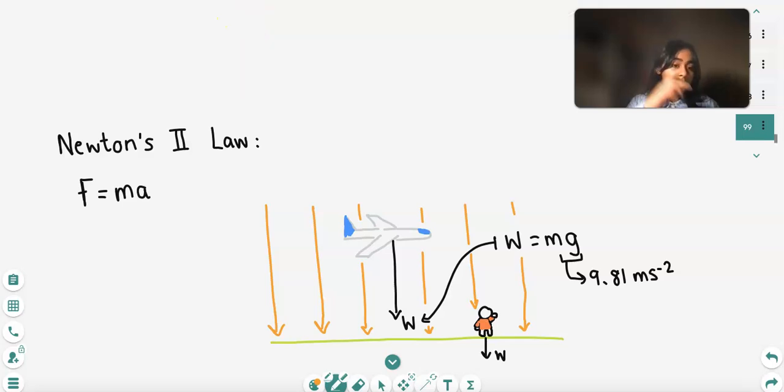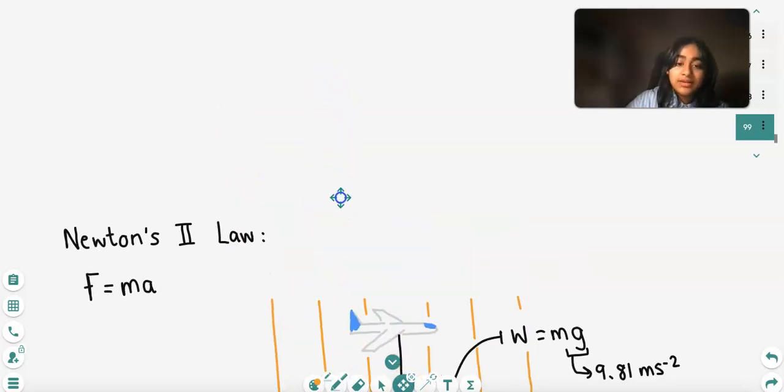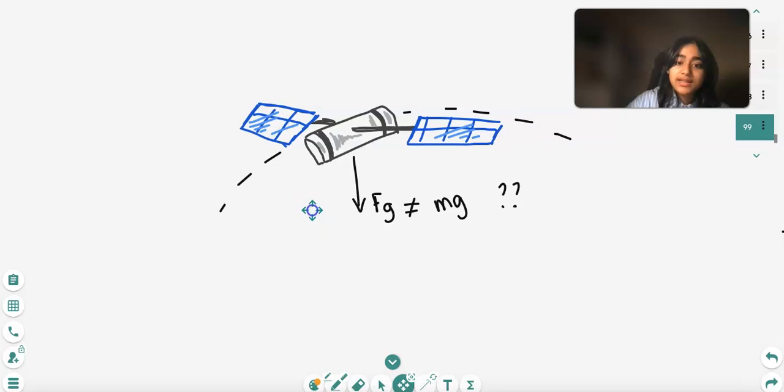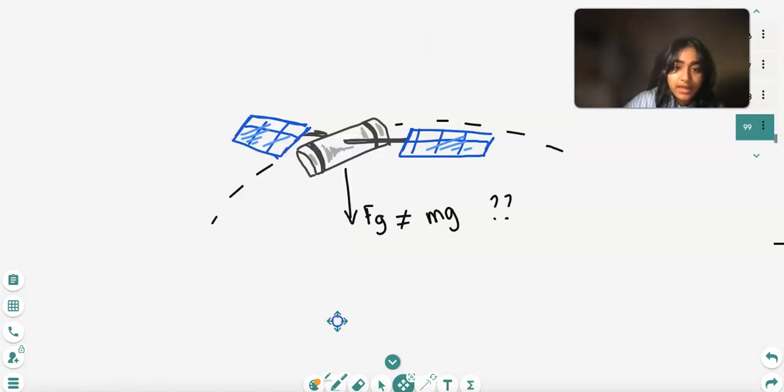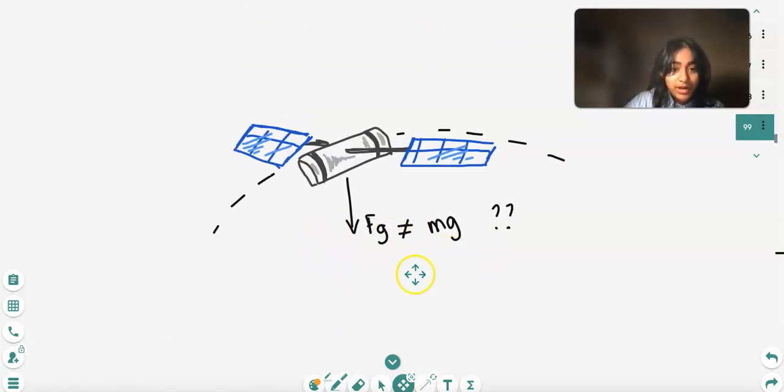So what we find is for small distances above the surface of the Earth, this equation will hold true. But when we extend a little bit past that, say in the example of a satellite which is orbiting way above the planet's surface, if we try and model its gravitational pull towards the Earth using the equation that we've written down here, it actually doesn't quite work out like that.